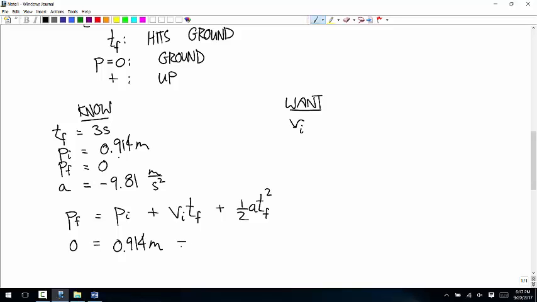0.914 plus 3 seconds times V initial plus 1/2 times 9.81. I'm just going to write that as negative 4.905 meters per second squared. And then time final squared, so 3 seconds squared.